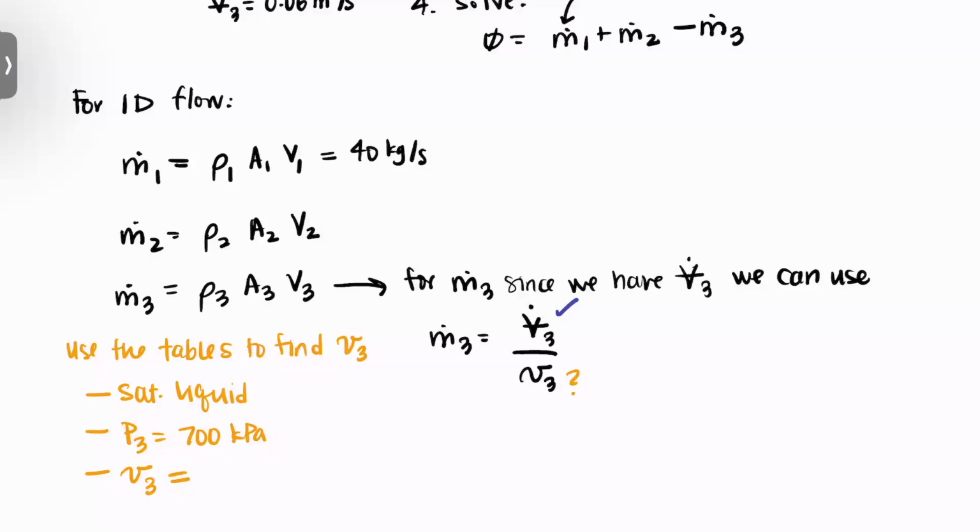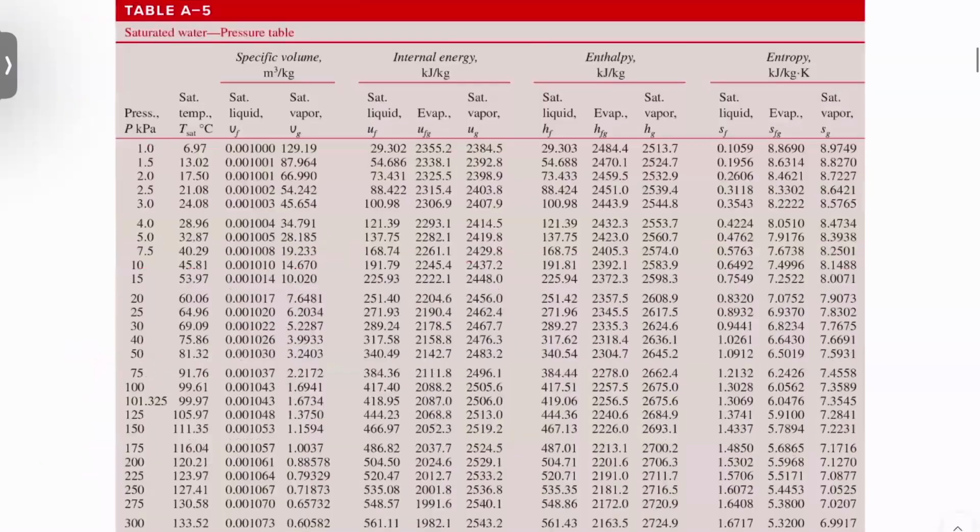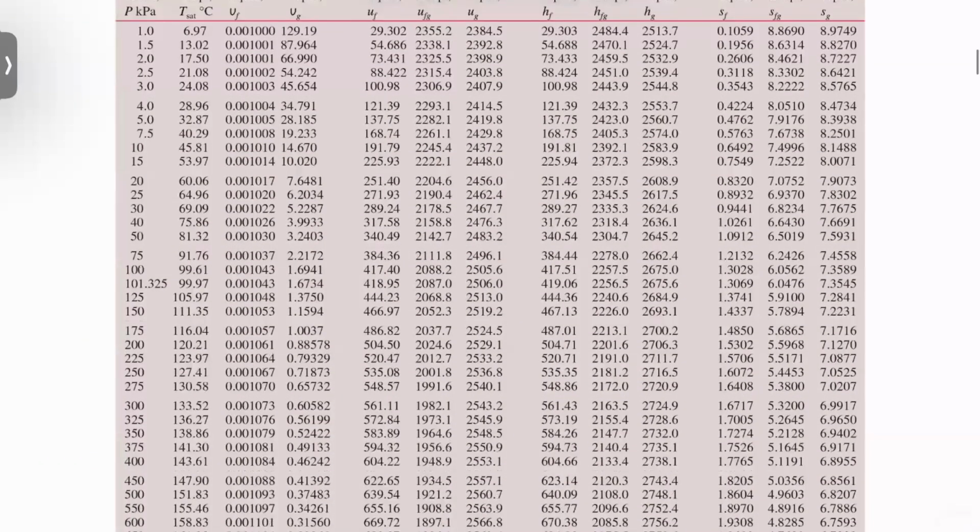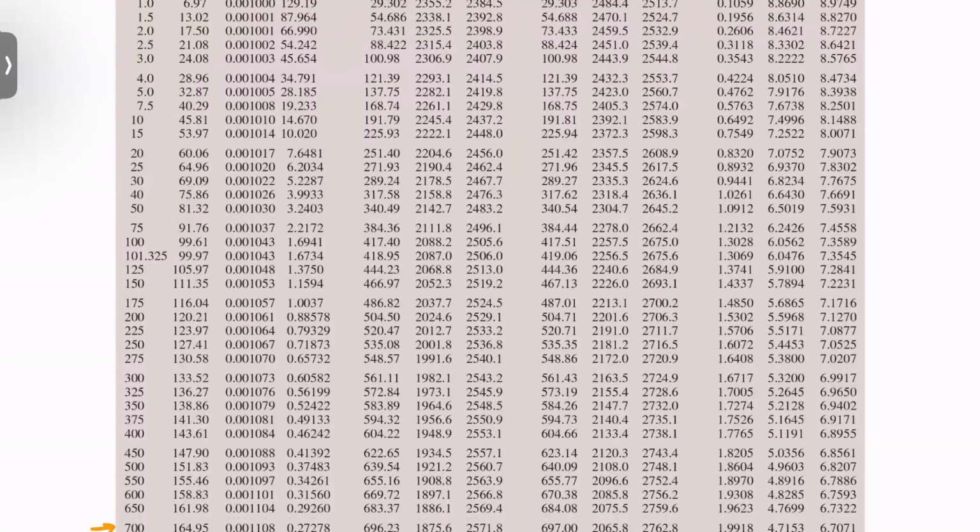A saturated liquid means that we are on the left-hand side line of the vapor dome, right? And we can use our saturated tables, and we will use all of the subscript L values for that point. So we just want v_L at a pressure of 700 kPa, which is this line right here. And I'm sorry, v_f, v_L, liquid, fluid. Sorry about that. So we want this guy, right?